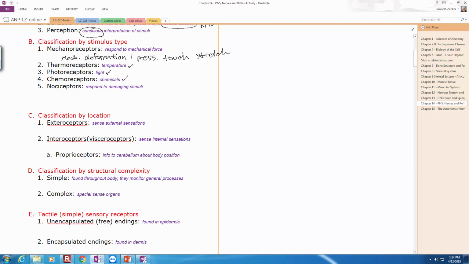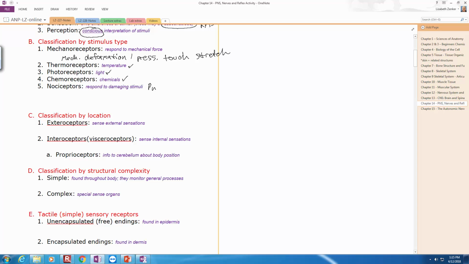And then what do you guys think nociceptors are? Kinda. So nociceptors are pain receptors, essentially. Okay, so this is PN for pain. But almost all of those other receptors, a mechanoreceptor, a thermoreceptor, a photoreceptor, a chemoreceptor, any one of those, if you get enough stimuli, could become a noxious stimuli.